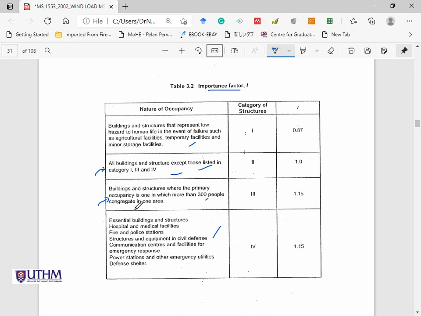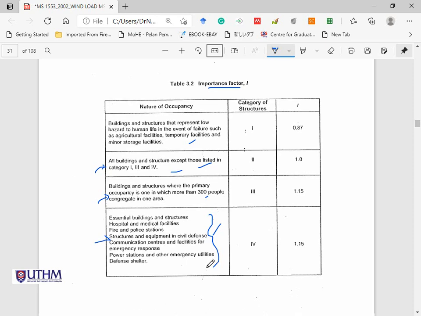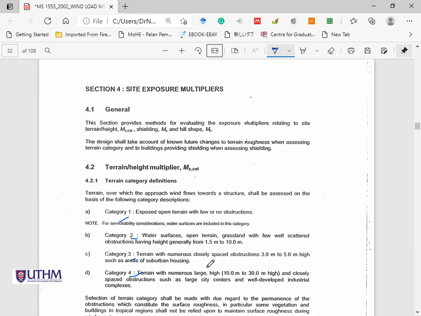The fourth category is essential buildings and structures, such as hospitals. This is the example for the nature of occupancy for category number 4. Okay? And this one is category 1, the same category actually, but this description is based on the terrain height multiplier, depending on the terrain shape.